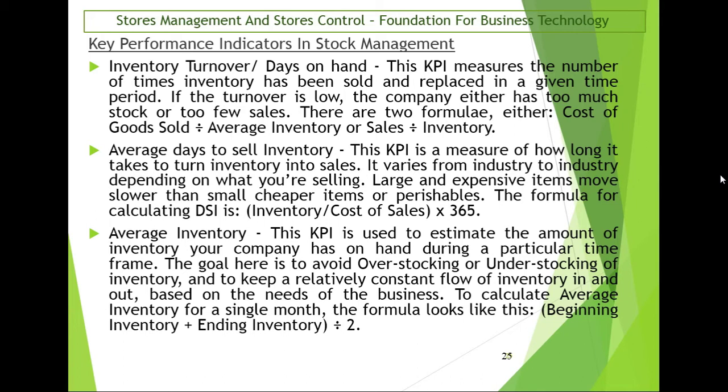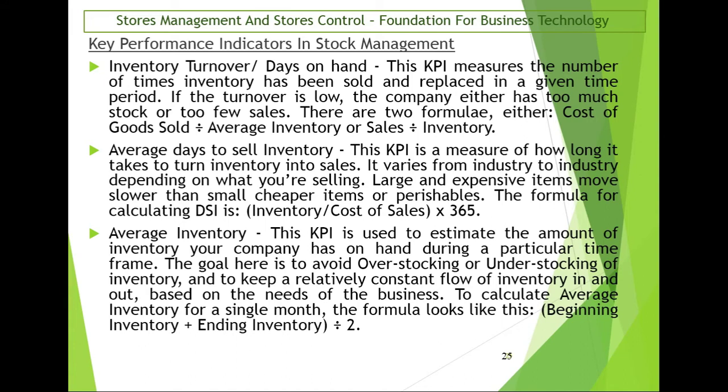If the turnover is low, the company either has too much stock or too few sales. There are two formulas for calculating the inventory turnover, which are cost of goods sold divided by the average inventory, or the total sales divided by inventory.